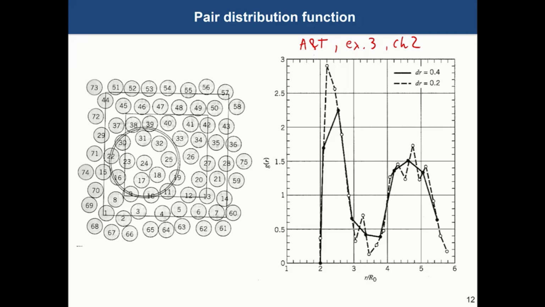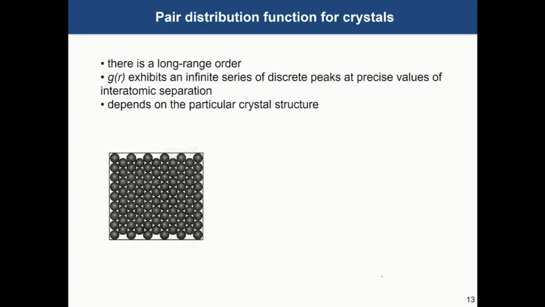And then the pair distribution function is calculated simply by counting the number of the atoms when the thickness of this sphere is changed and it's doubled or halved. So you can see that the result, which is shown in the solid and in the dashed curves, is slightly different. So it's becoming finer and finer when this dr goes to 0, right? So if this shell is thinner and thinner, you're seeing more and more features, and they're telling you more and more information about the structure of the materials. Okay, so let's try to see a couple of examples.